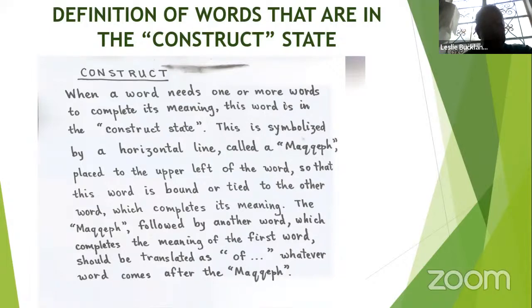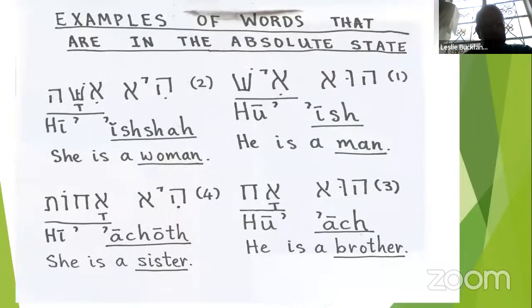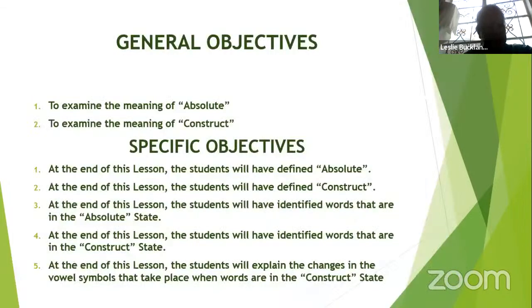Okay, so those are the two most important concepts in today's lesson: to examine the meaning of absolute, to examine the meaning of construct. So next week, I will finish the lesson and take any questions arising from your studies of it.